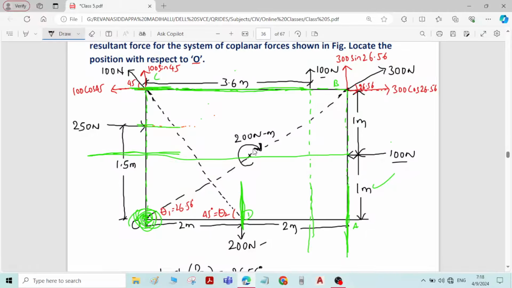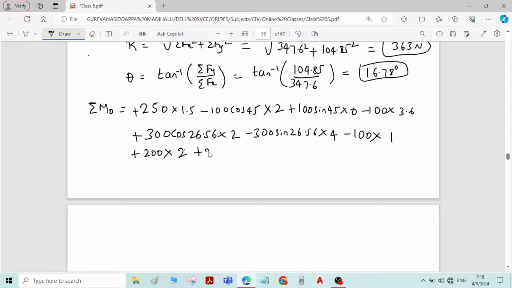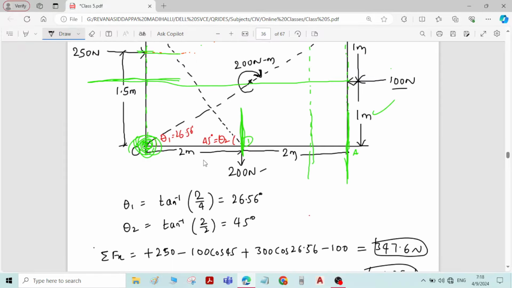Finally, there is a moment given at this particular point here, and we can observe the arrow mark. It is a clockwise moment, so the sign is plus 200. No need to multiply by the distance here; it is directly the moment. The distance is already multiplied.